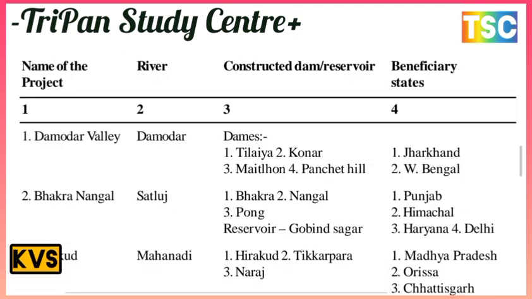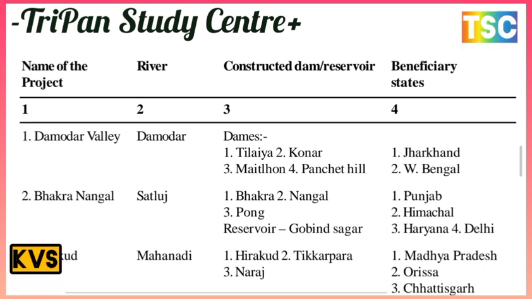Here are shown the major river valley projects in India. The most important are the name of the project and the name of the river, and here the dam, river, reservoir and beneficial states. First, Damodar Valley is on the Damodar river. The beneficial states are Jharkhand and Paschim Bengal here. And Bhakra Nangal is on the Satluj. The most important beneficial states here are Punjab, Himachal, Haryana and Delhi.